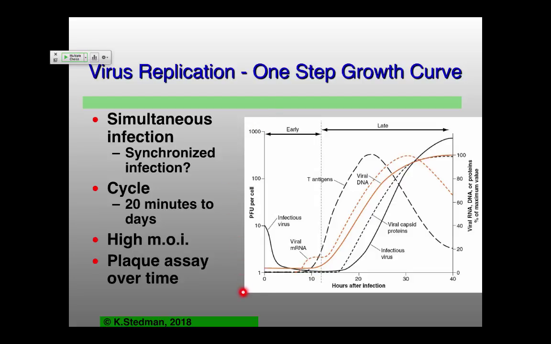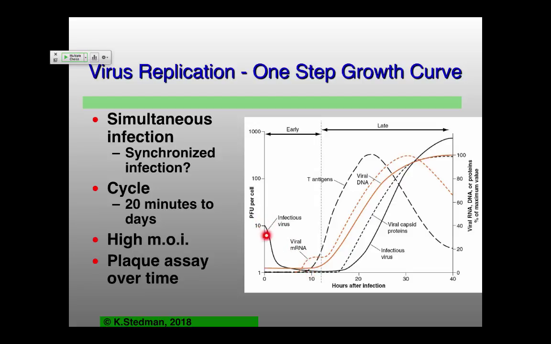So one way of looking at this is a really typical one-step growth curve. Particularly important here, so let's look at this black line. The black line here is infectious virus. How do you know that this is infectious virus? Plaque assays, exactly. So PFUs. You start out here with a PFU per cell of 10, and we'll see why that is in just a second.